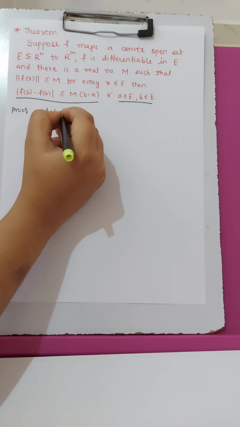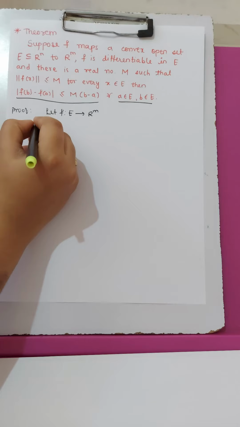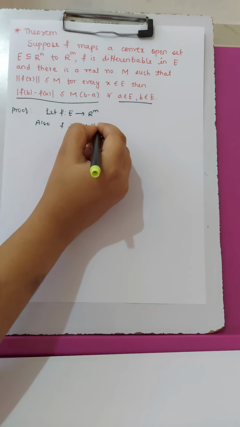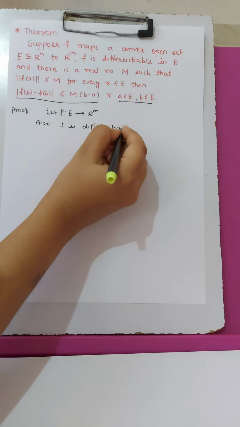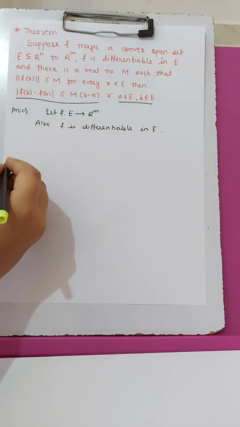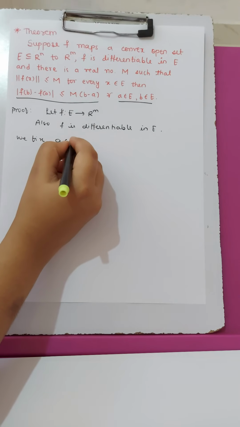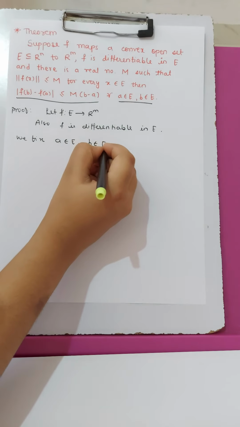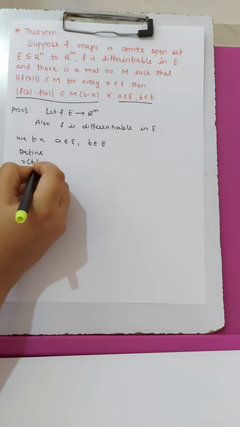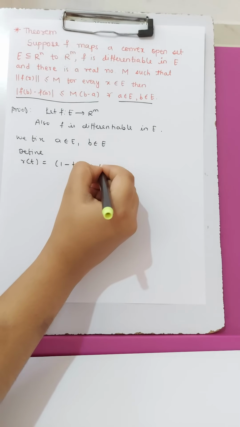Let f be a mapping from E to R^m, and it is given that f is differentiable in E. Now we fix a belonging to E and b belonging to E, and define gamma(t) which is equal to (1 minus t)a plus t b.